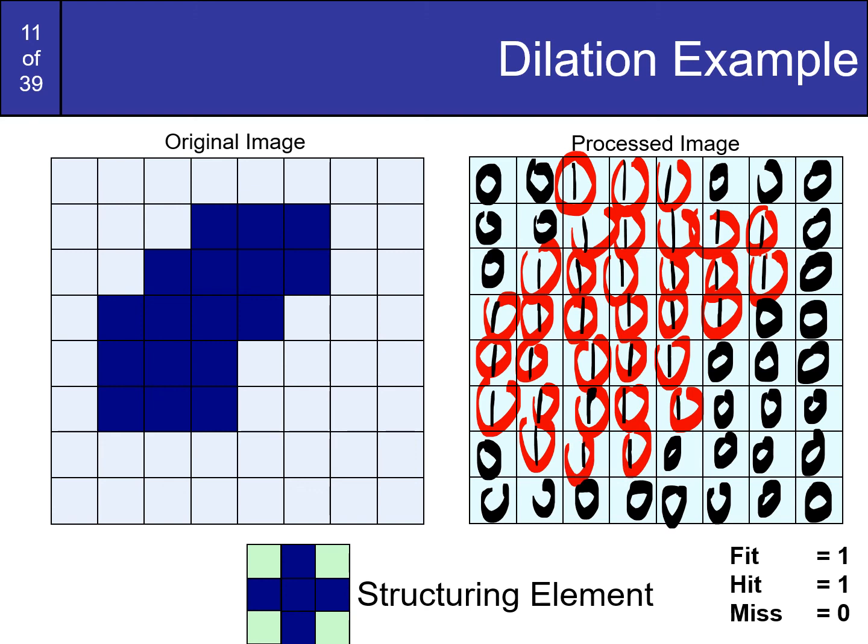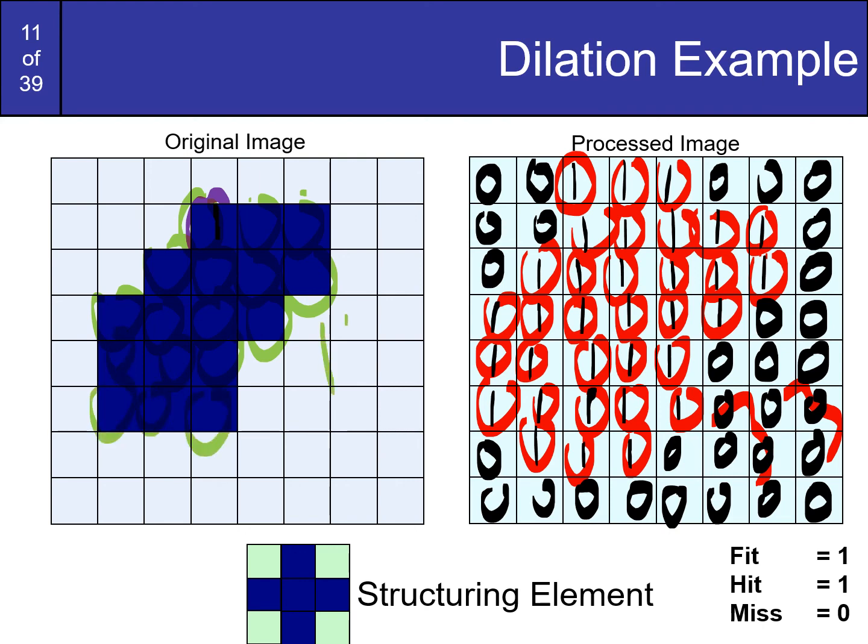The original pixels, if we count, are 1, 2, 3, up to 17.